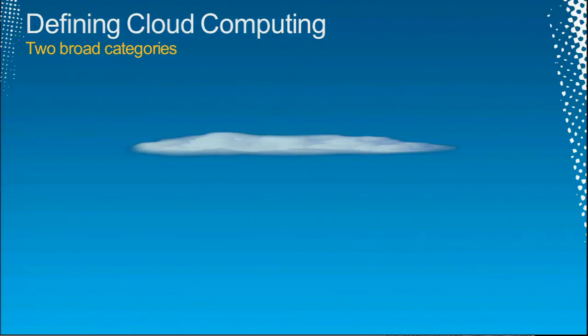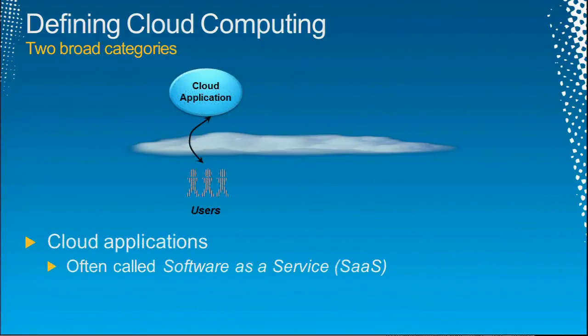When you think about public cloud technology, I think it's really useful to divide it into two big, broad categories. Number one, cloud applications, commonly called software as a service, SaaS. Cloud apps are what they sound like. They're apps that run in the cloud.